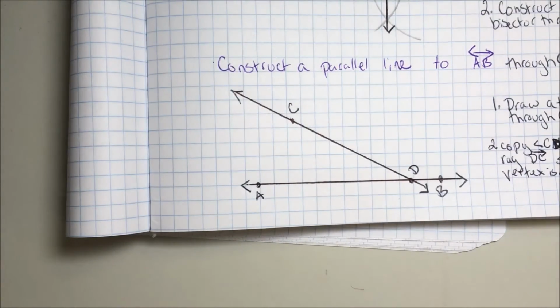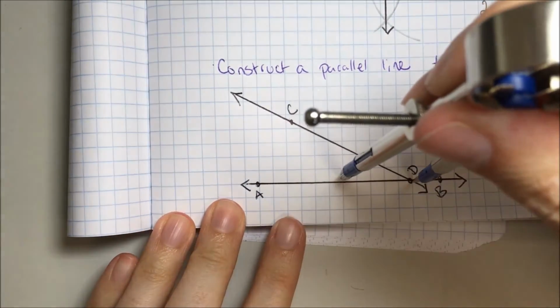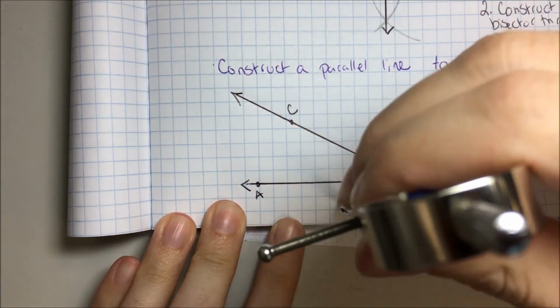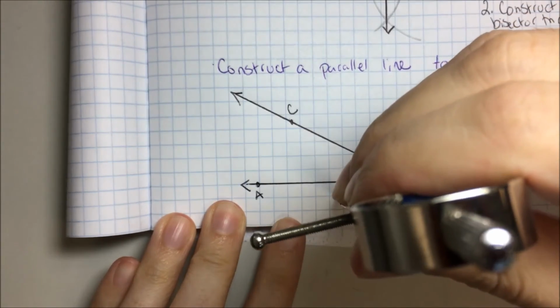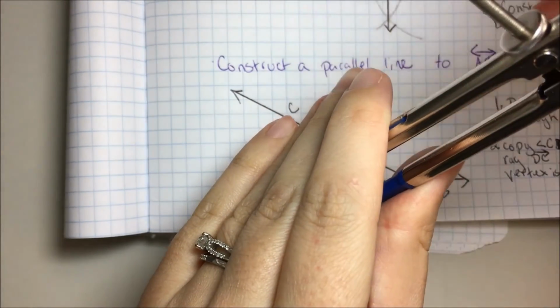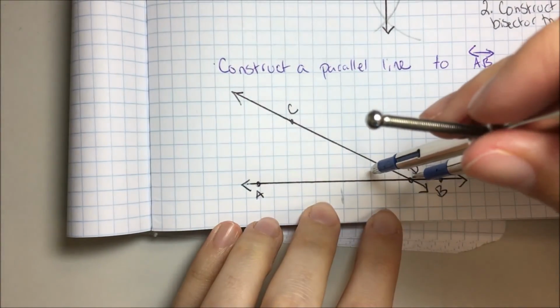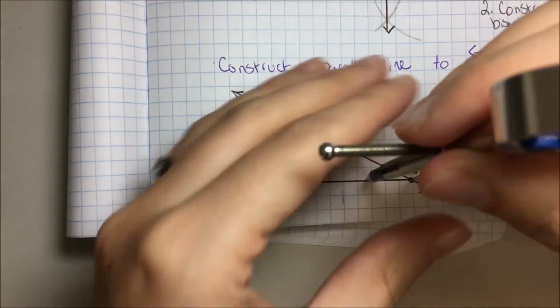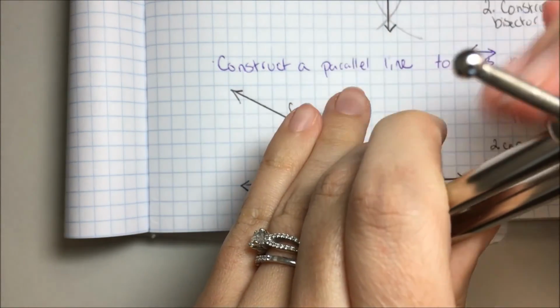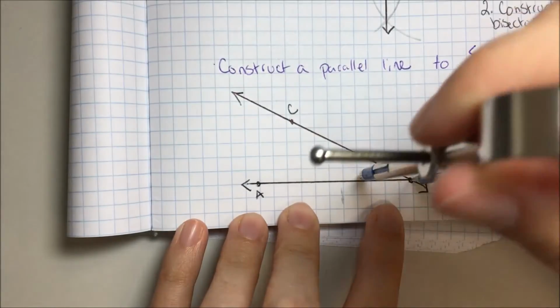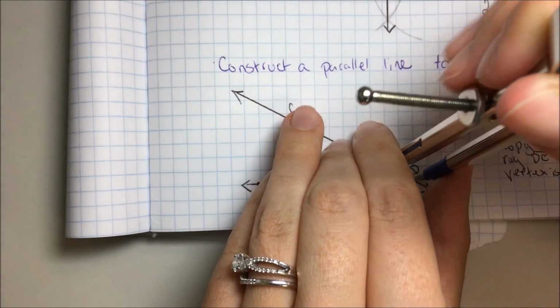So in copying an angle, my first step is to draw an arc centered at D. And then I'm going to make it a little bit smaller. And maybe a little bit bigger than that. Somewhere in between. Happy medium here.